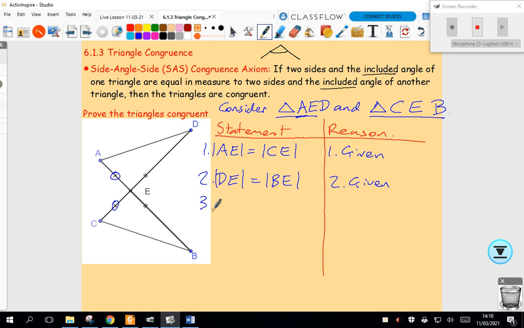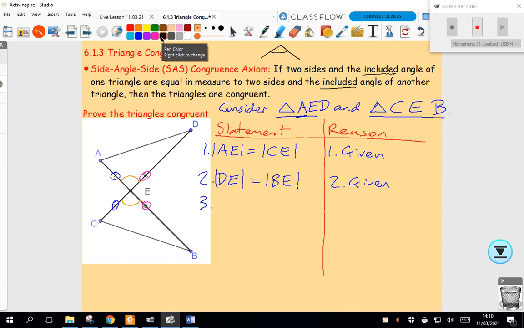And then the last thing I'm going to say is this. And notice I was able to say that statement too because of the tick marks there as well. And then finally, I can say, well, the angle in between those two sides is equal to the angle in between those two sides.